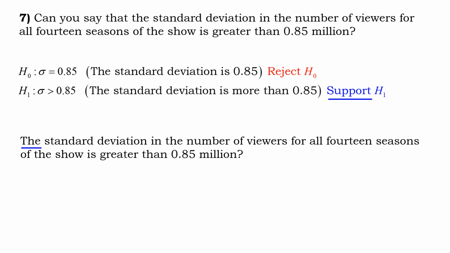What am I declaring true? That the standard deviation sigma is greater than 0.85. And again, I don't just say sigma is greater than 0.85. We put this in full context. The standard deviation in the number of viewers for all 14 seasons of the show, The Big Bang Theory, is greater than 0.85 million viewers per episode.